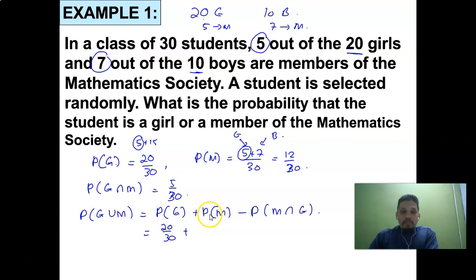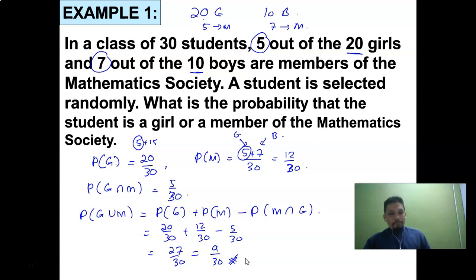The probability of members of the mathematics society is 12 divided by 30, minus the intersection of the mathematics society members with the girls, which is 5 over 30. Then this gives you 20 plus 12, 32, minus 5, 27 over 30, or simplified, 9 over 10.